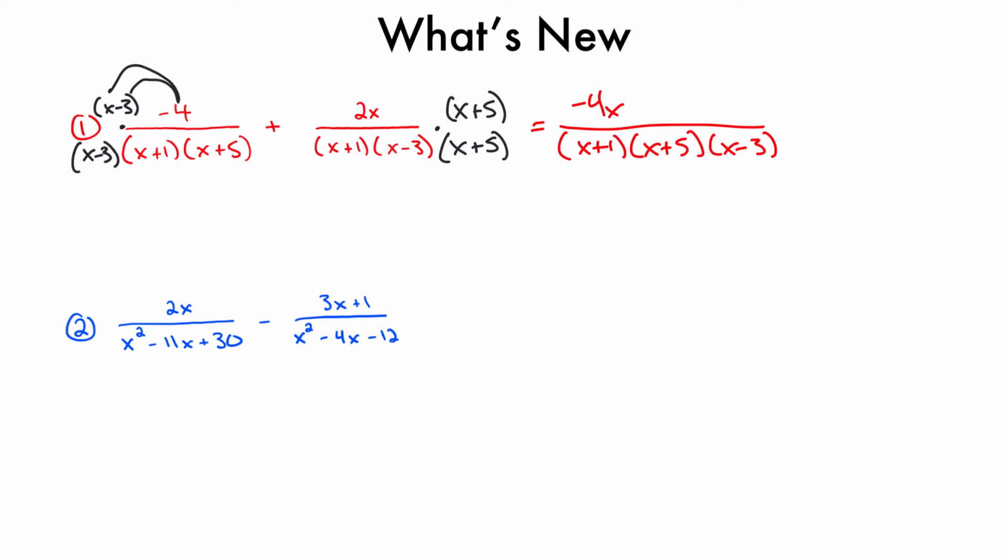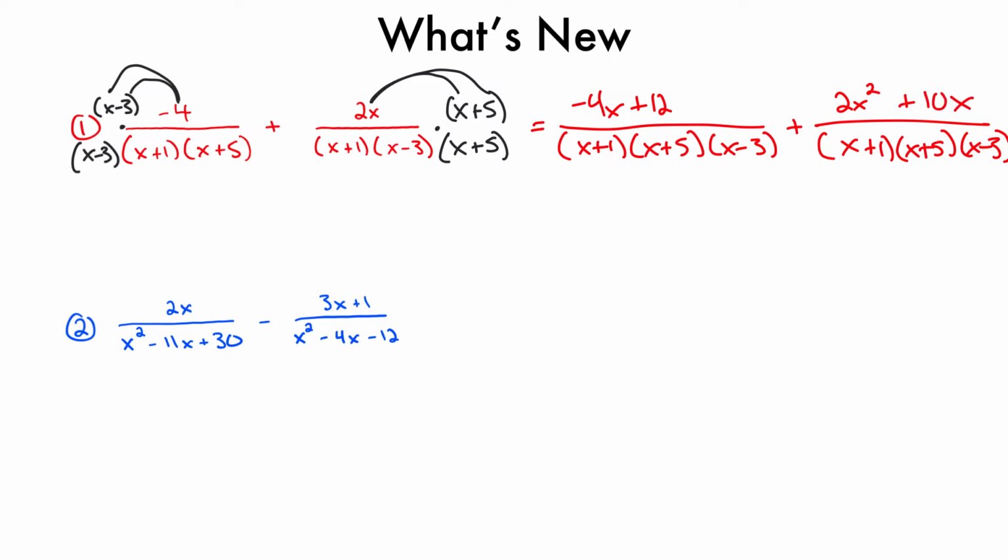Negative 4 times 3 is positive 12. And then we'll go plus x plus 1 times x plus 5 times x minus 3 all underneath. 2x times x is 2x squared. And then 2x times 5 is the 10x.